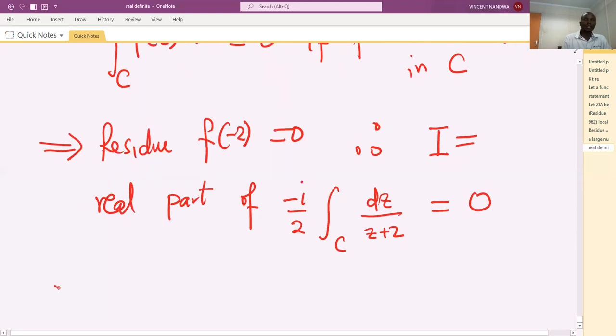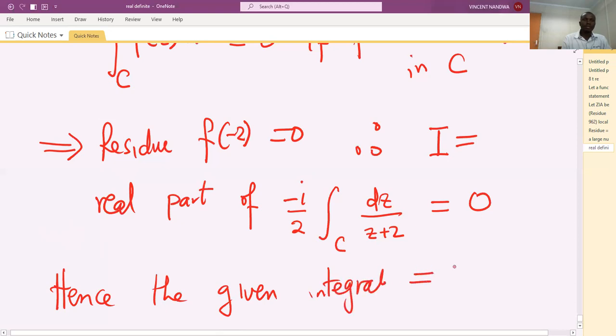Hence, the given integral is equal to 0. So that is how we argue out the solution for that given problem. Thank you.